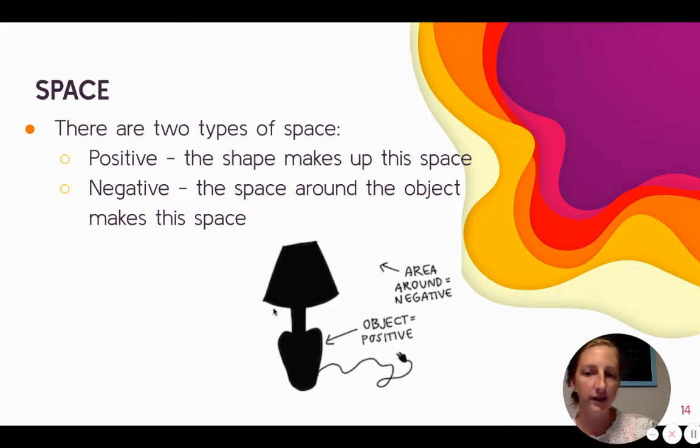Because I can see, like, if I look at this lamp, it's almost like a rectangle of negative space at the top where the bottom of the lampshade is, and a kind of curve down the side. So I'm looking at the negative space in order to draw the positive space.